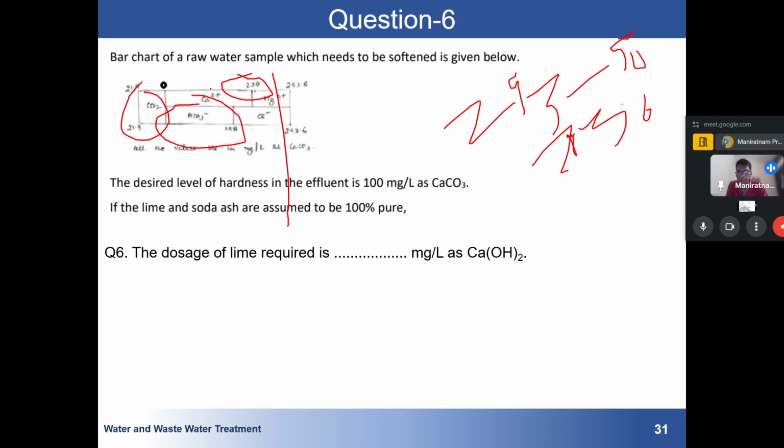So you can see this, and I have to do it till here. This 198 is due to calcium carbonate hardness, and this remainder will be contributing to calcium non-carbonate hardness, and this much amount is due to magnesium non-carbonate hardness.